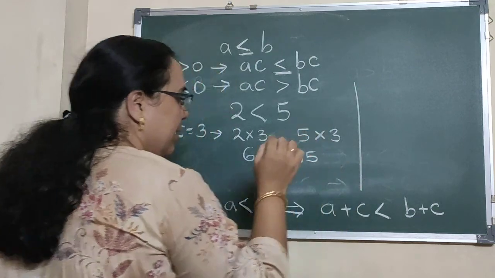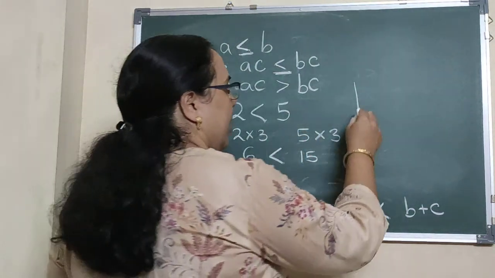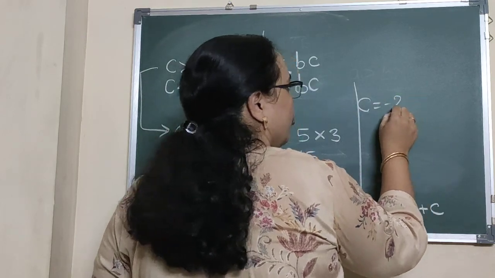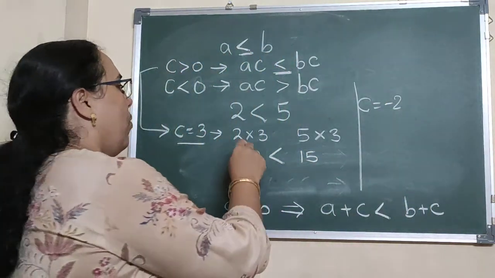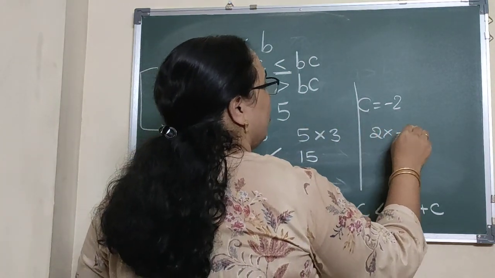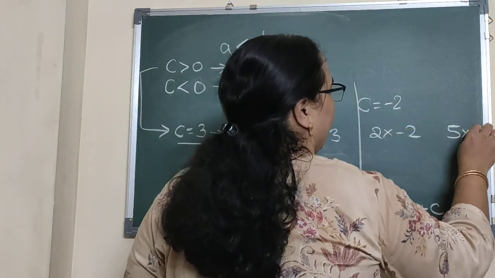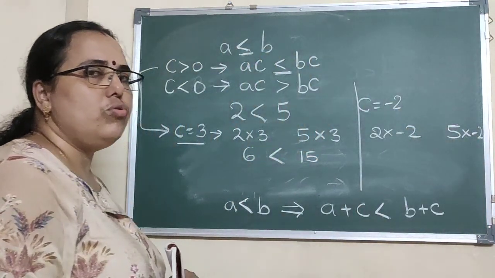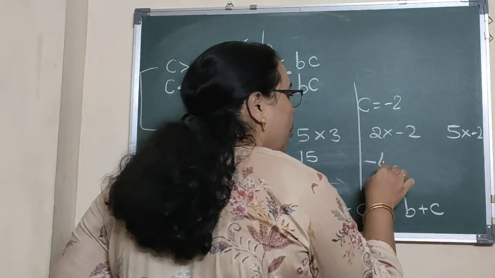Now let us take C to be a negative number. Can anyone suggest? -2. Ready? Now, what is 2 into -2 and 5 into -2? What is 2 into -2? We get -4.